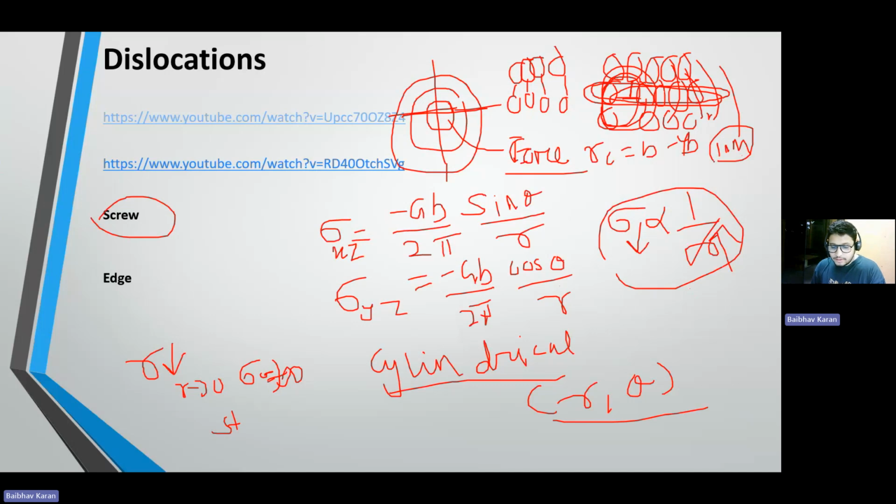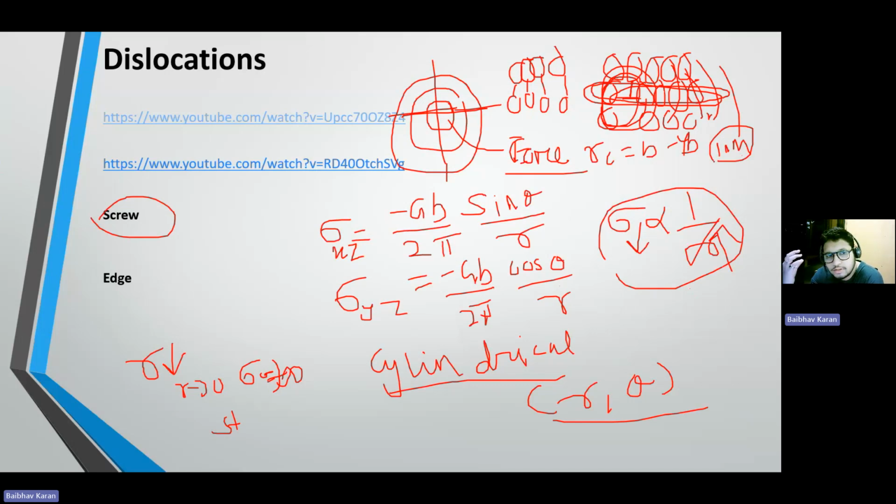So that means what we discussed: there is an E core, where the stress is too high for the material, and this core value is around 1 nanometer around the dislocations, right? Then we discussed the stress and strain values around an edge dislocation.